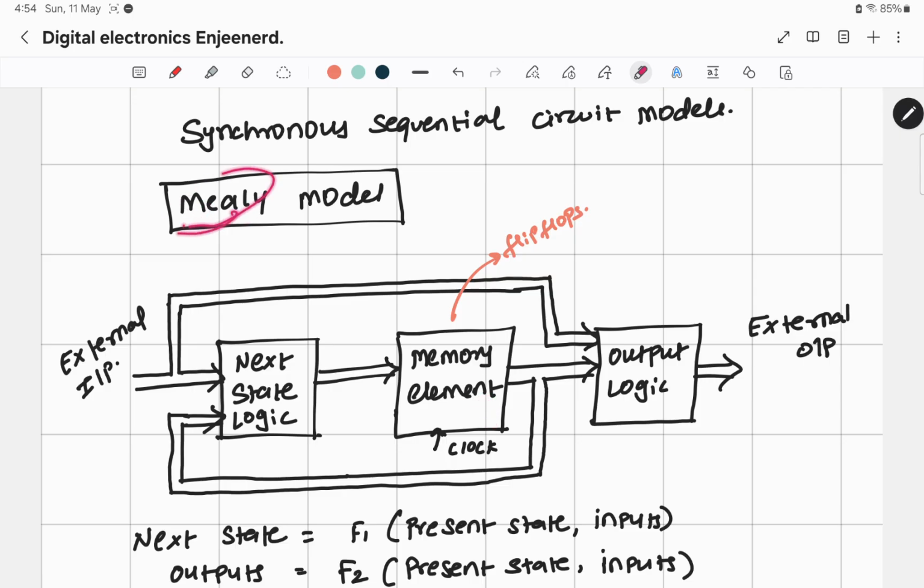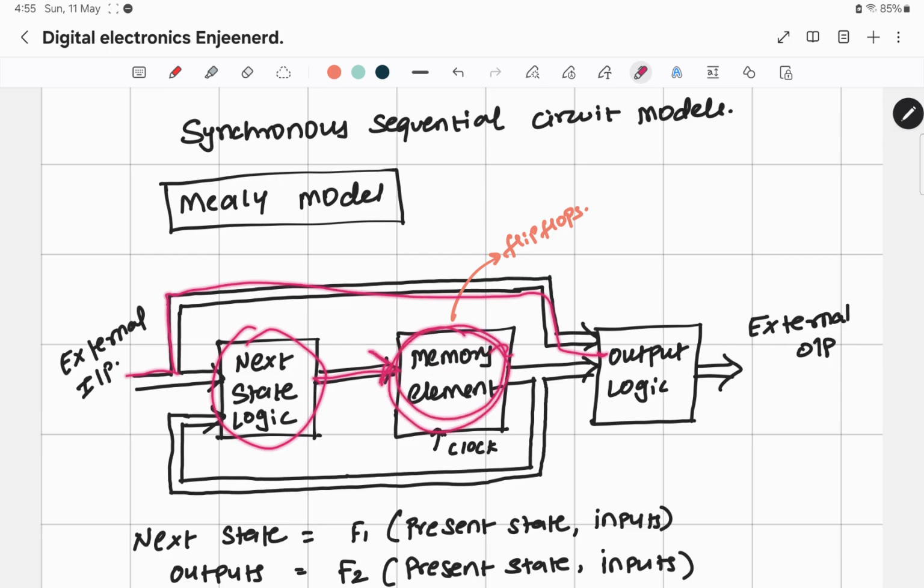In the Mealy model, your external input is also directly applied to the output logic. So that's the difference between the Mealy and Moore model, which we'll be seeing immediately after this, right? So you have to understand that the external input is directly influencing your output logic. Next state logic will give its output to the memory element.